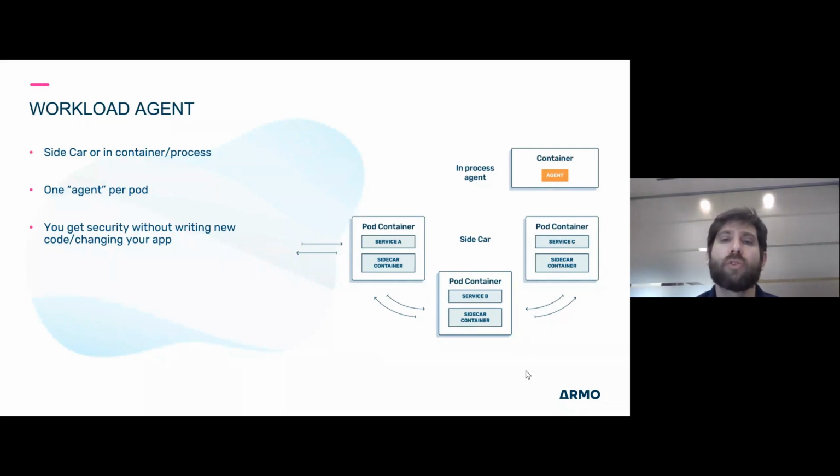I'm talking about solutions like, for example, Istio. Istio is deployed using a Sidecar container. So basically, you created your microservices, and you're just adding Istio as a Sidecar container to your deployment.